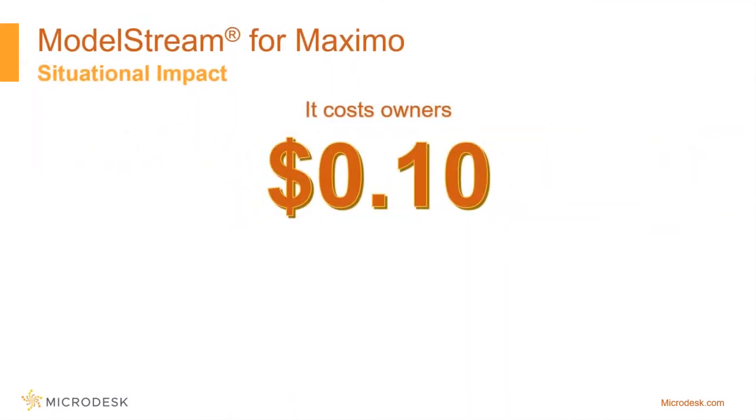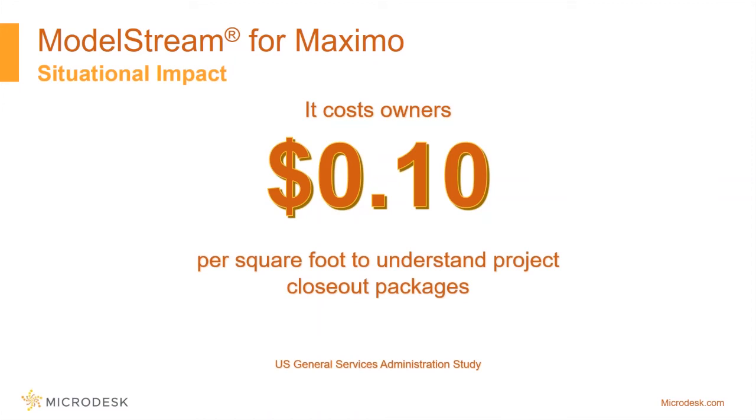If we look at some of the numbers, what we understand is that this is a post-construction world. It costs the owners 10 cents a square foot to understand the project closeout package. So if you don't have an as-built model, you're going to spend operations money, OPEX funds, at the rate of 10 cents per square foot to understand the project closeout package.